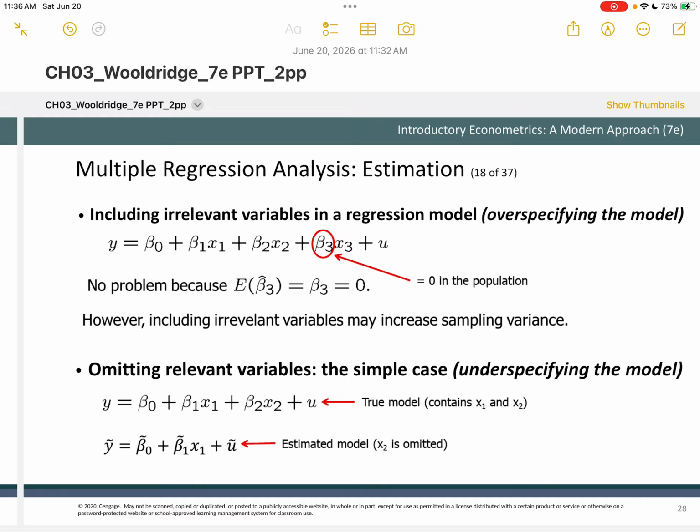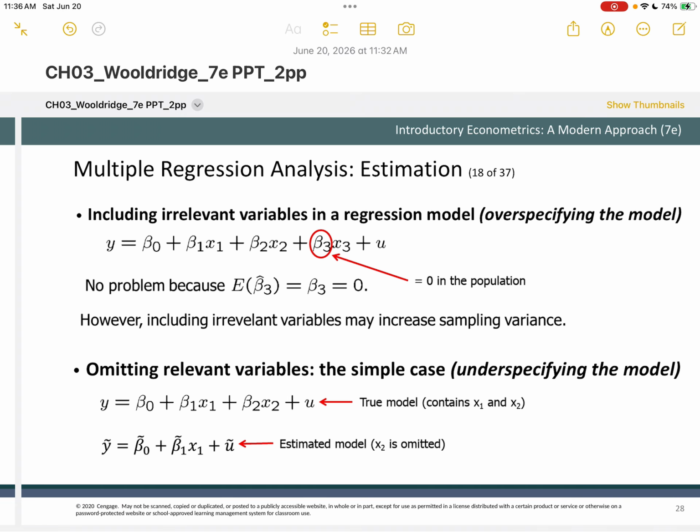Sure, we might have a smaller sampling variance. Yeah, but that's just because we have a smaller model. The problem still remains that we have omitted a relevant variable, and all of our betas, all of our estimated slopes are biased.